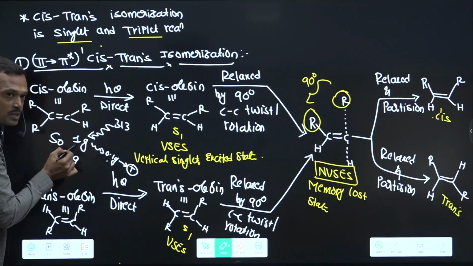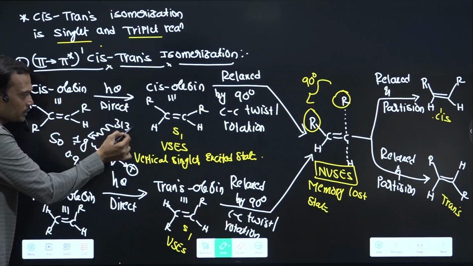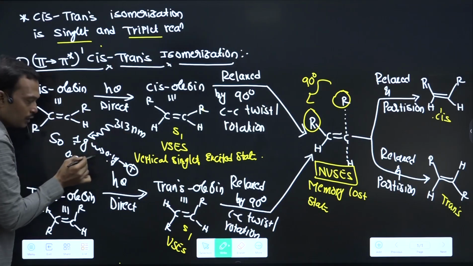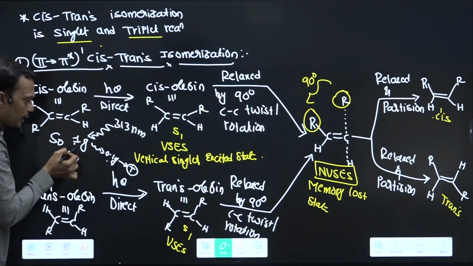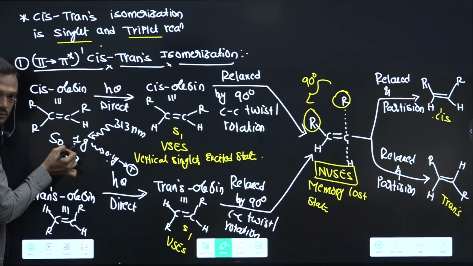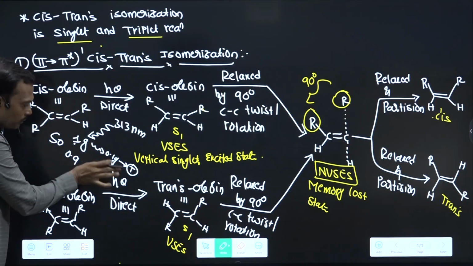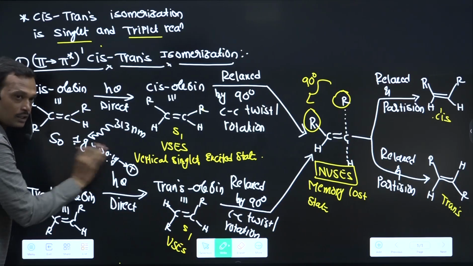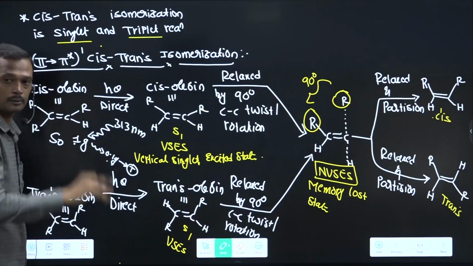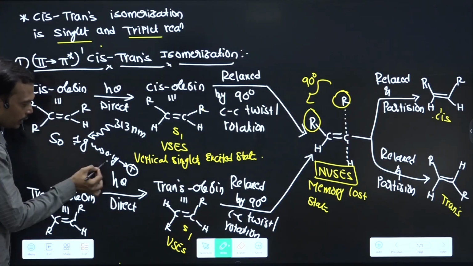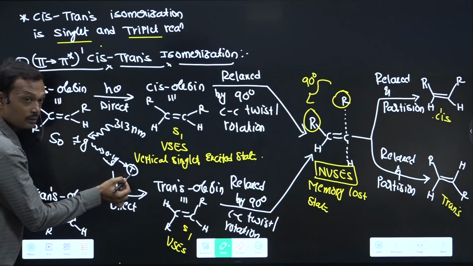See, in that one 1 gram is there, I am using 313 nanometers. If trans is not there, this 313 can irradiate cis. In that, some amount will be converted to trans. It starts converting. All cannot convert at a time. This 1 gram, 0.1 gram converted to which isomer? Trans.